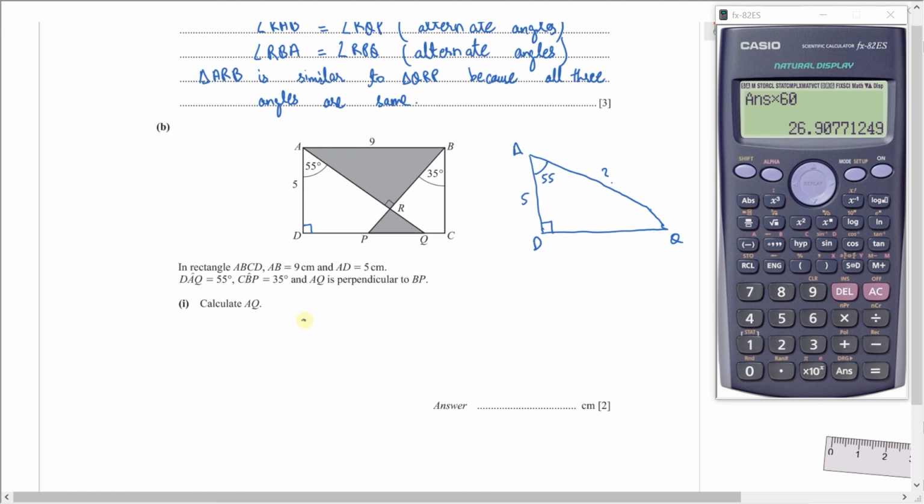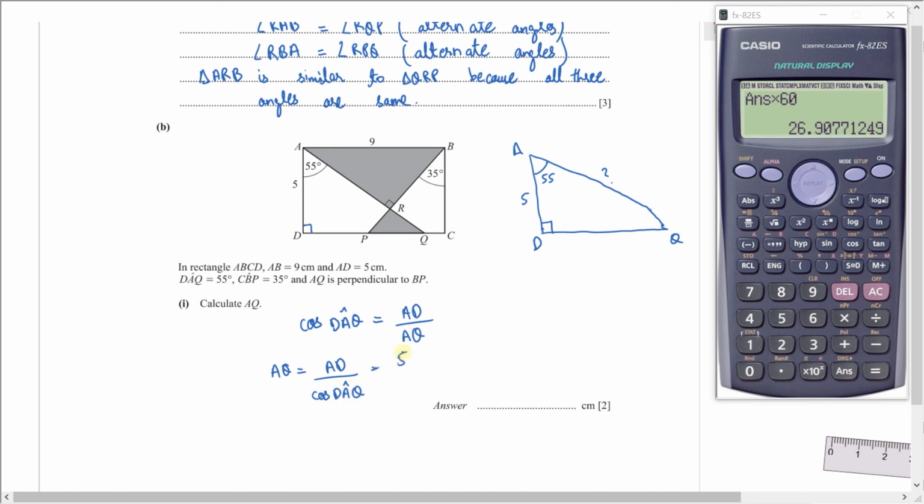We know this angle, we know this side, we need to find the hypotenuse AQ. So we can use cosine here. Cos of angle DAQ will be this side AD, the base, over the hypotenuse, which is AQ. If I make AQ the subject of the equation, it will be AD over cos of DAQ.